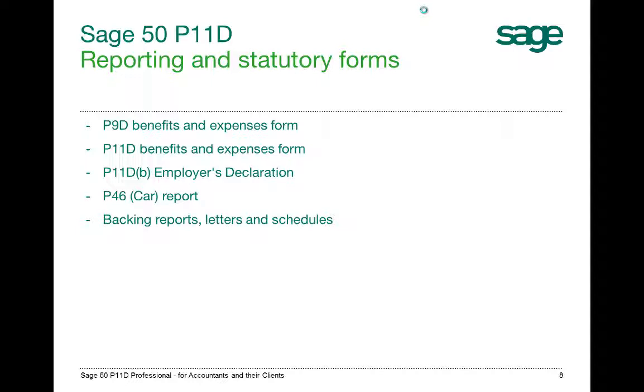And to substantiate the statutory reports, there's also a series of supporting reports together with schedules and letters. So we also have Class 1A reports. So this analyses the Class 1A payable by the employer, substantiating Form P11D the employer's declaration.